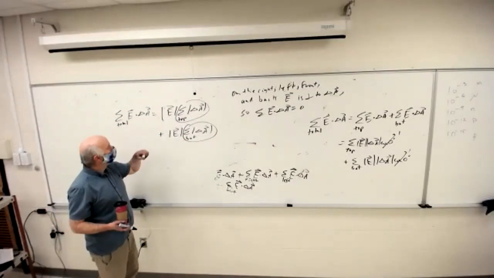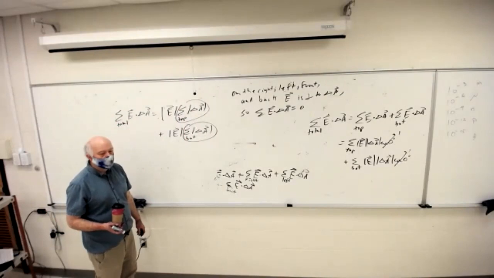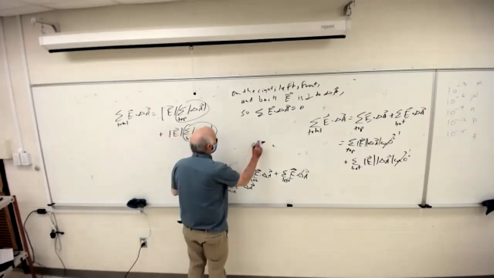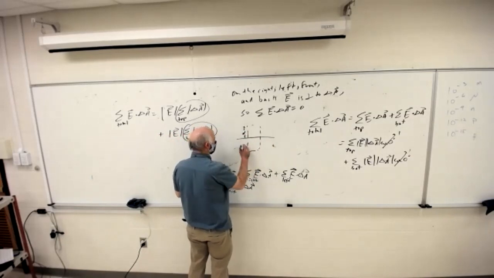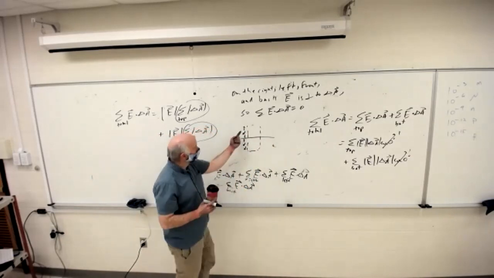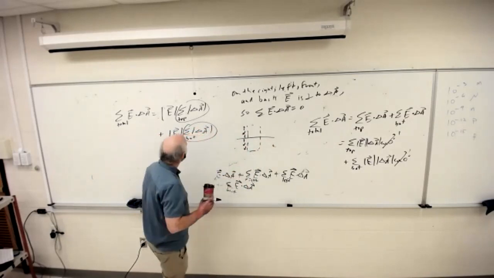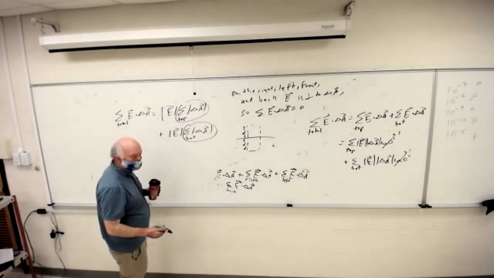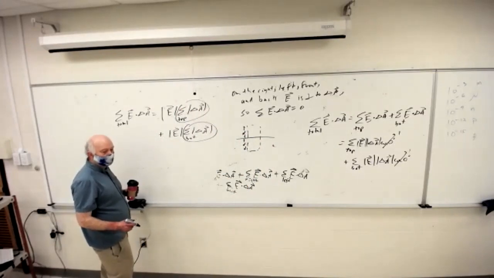Oh, one other thing. How do I know that this E here equals that E here? How did I set up that box? Yeah, so when you set up this box like this, this is D, and this is D. So the electric field on the top here, the magnitude of it, has to equal the magnitude on the bottom. Okay, then what does this guy here become? Okay, the area.